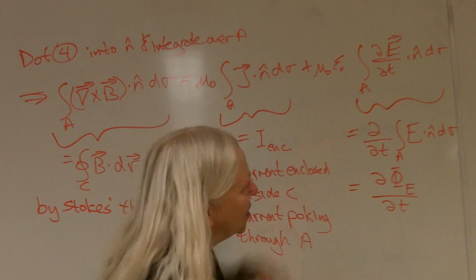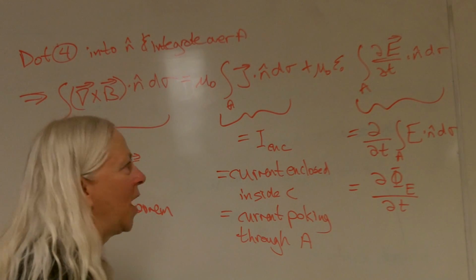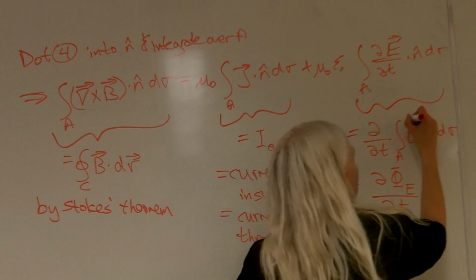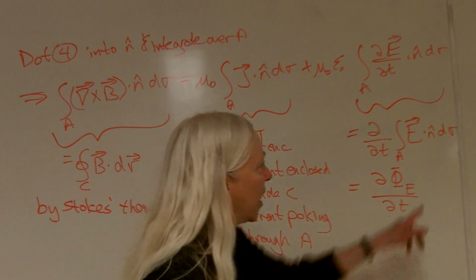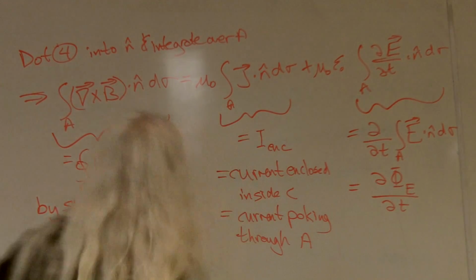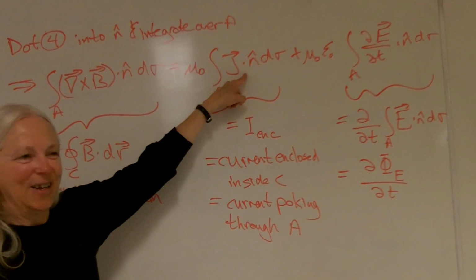The common feature, whenever we use the word flux, is that we're taking a vector field, dotting it into an n hat, and integrating over an area. So this is the electric flux. Similarly, back here, this was the magnetic flux. Similarly, this is the current flux, right?